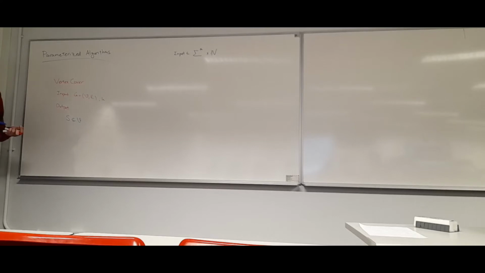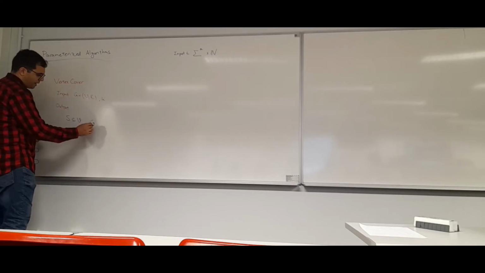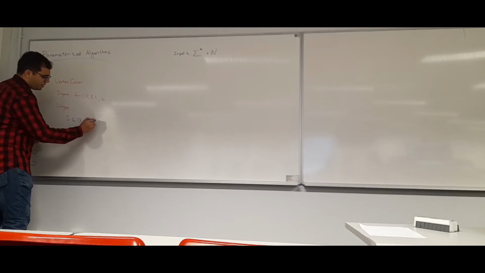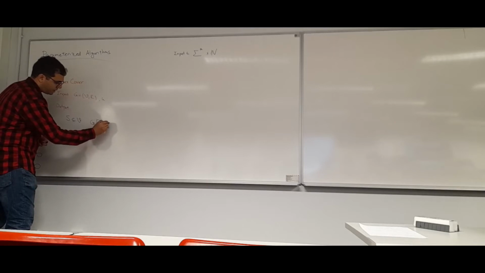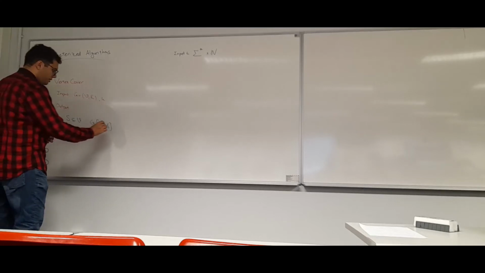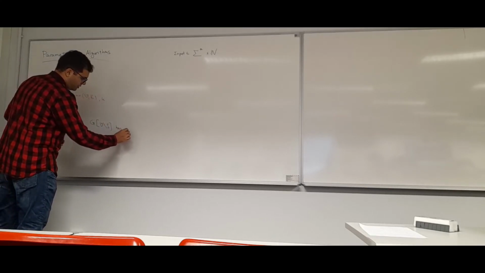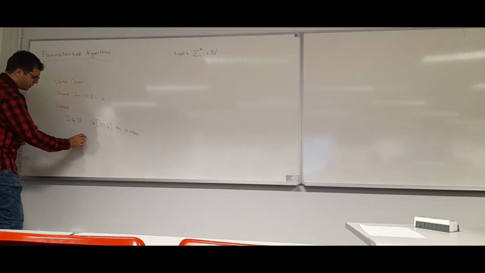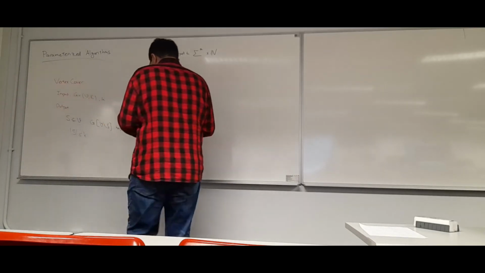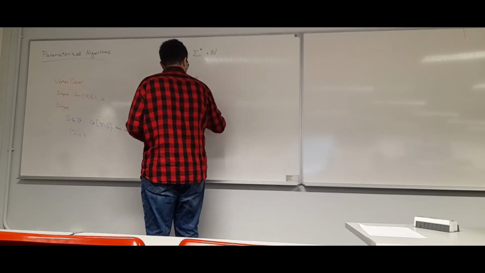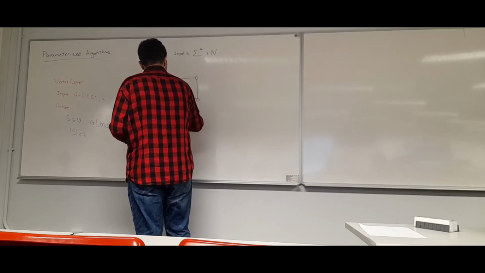So how can I write that? I can say that if I take G and I remove S from G, or if I take G limited to V minus S, then this graph should have no edges. Okay. And of course, I want the size to be small. I want the size to be at most K. So let me just do an example here. Let's say I have this graph.